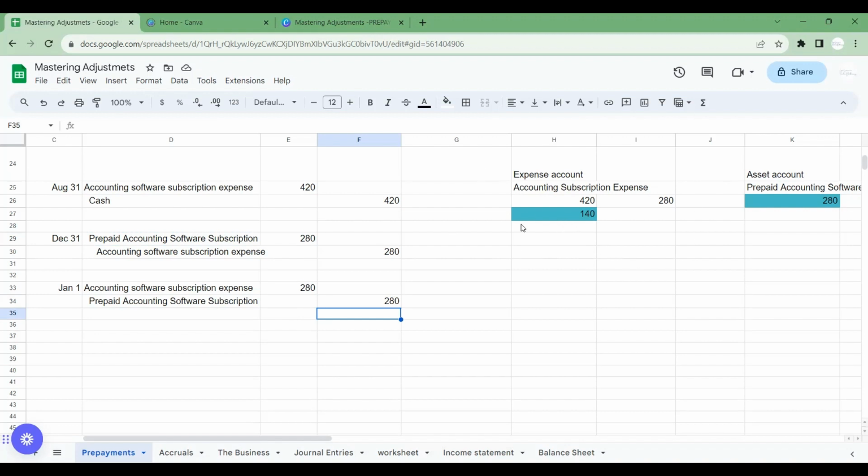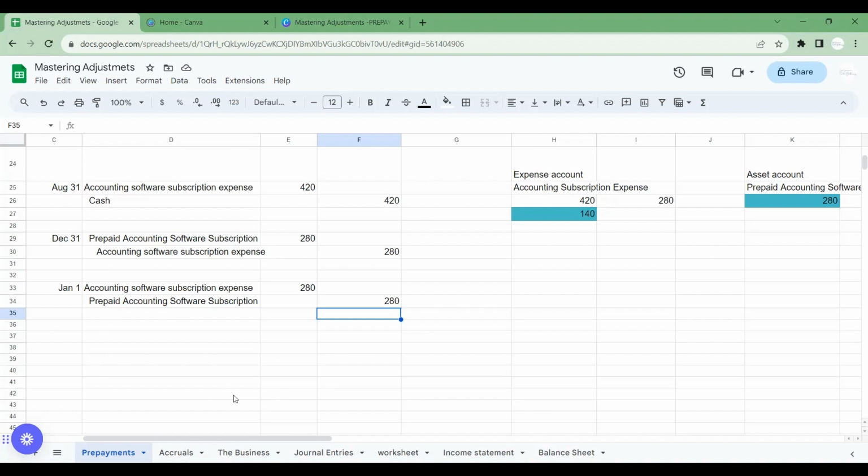Remember that this expense account will be closed to the income summary account, so this will be 0. In order to return to the expense method, we reverse it and debit the accounting software subscription expense.